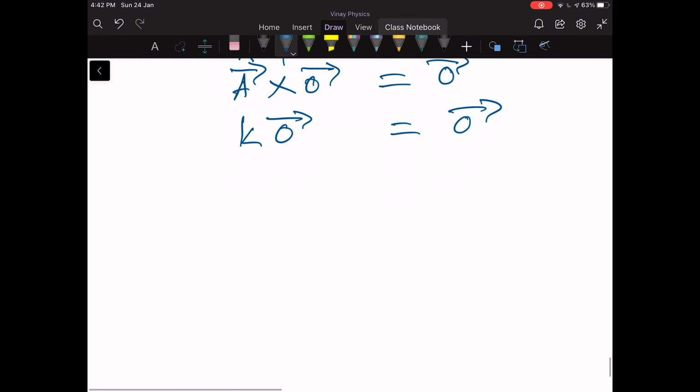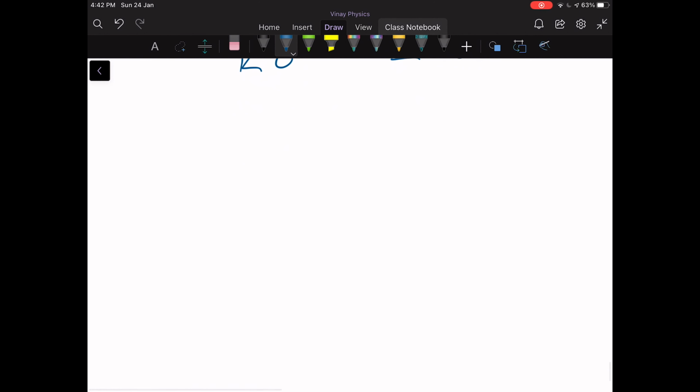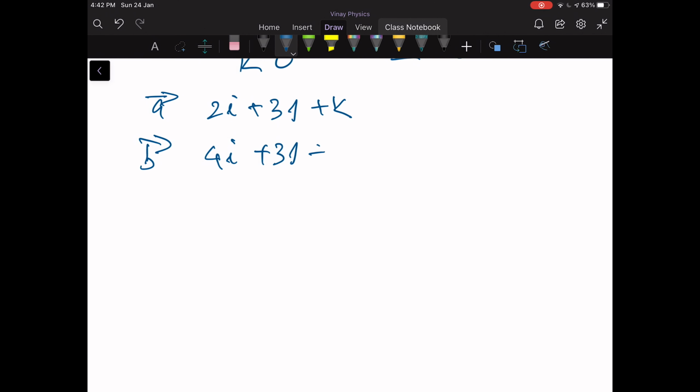For example, let us say we have a question that says, let us say we have a vector A that is 2i plus 3j plus 4k, and we have another vector B which is 4i plus 3j plus 2k.